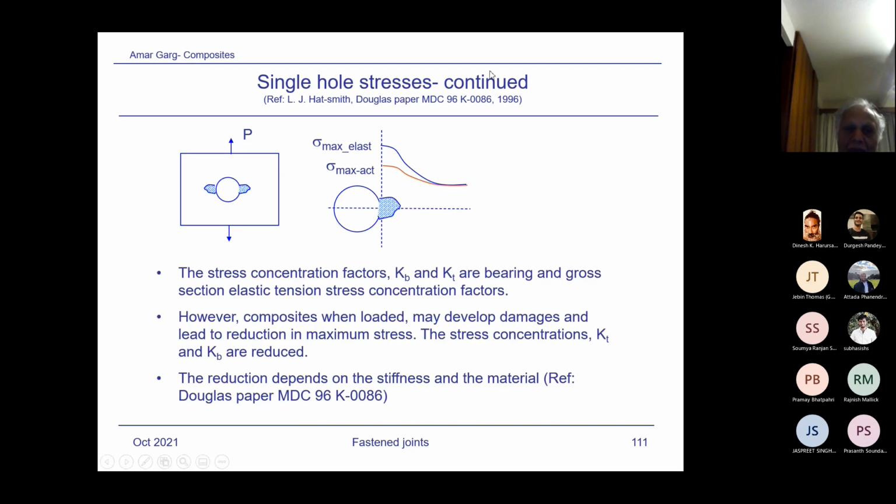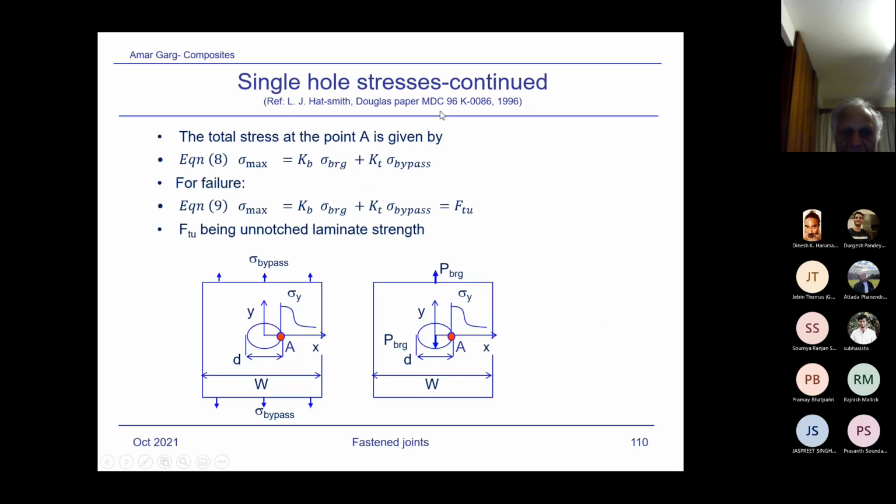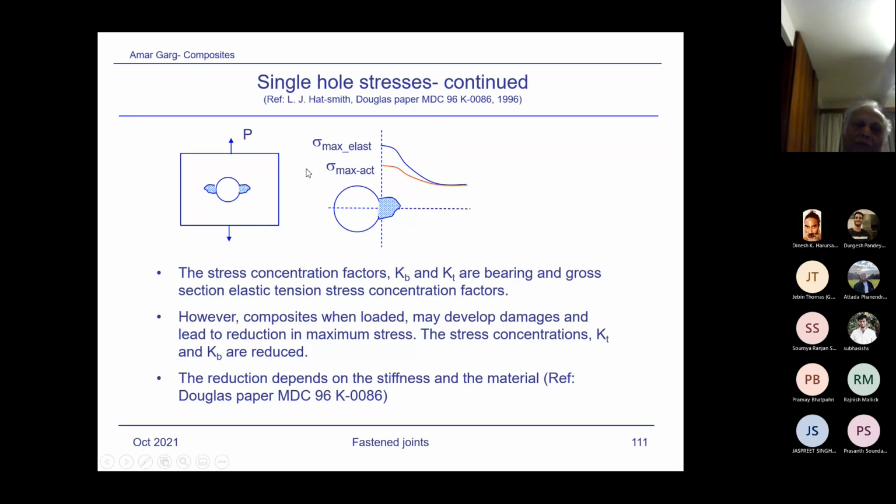So single hole stress continues. What we wrote here, KT and KB, are the elastic stress concentration factors. But what happens when you are applying the load? Due to load, the laminate near the hole gets damaged. Damage in the sense that some small amount of damage develops, like fiber cracking, fiber to matrix cracks, local delamination, and some fiber failure if the stresses are very high.